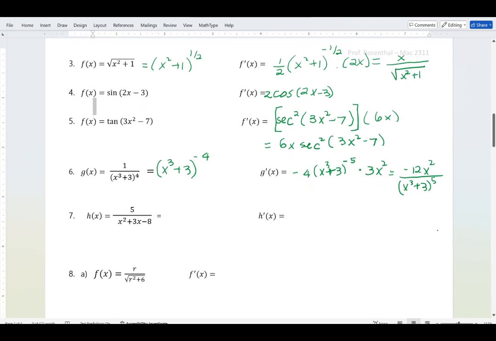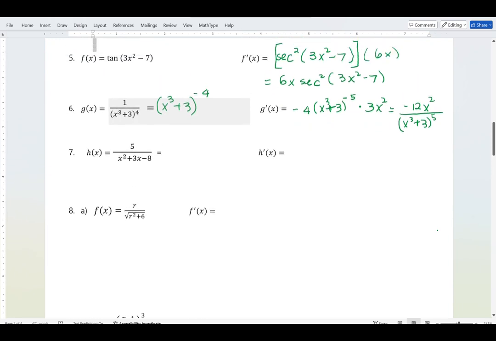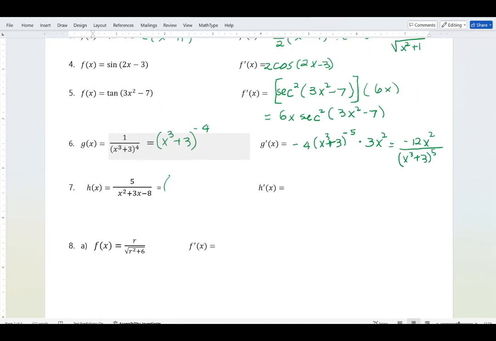Okay, what about number 7? Notice it will be very similar to number 6. So I would begin by rewriting it as 5 times that denominator to the power of negative 1. So 5 times x squared plus 3x minus 8 altogether to the power of negative 1. And now applying the chain rule.